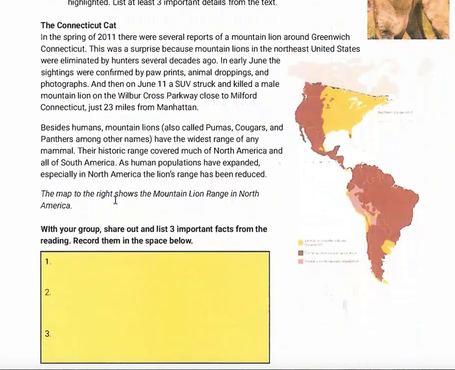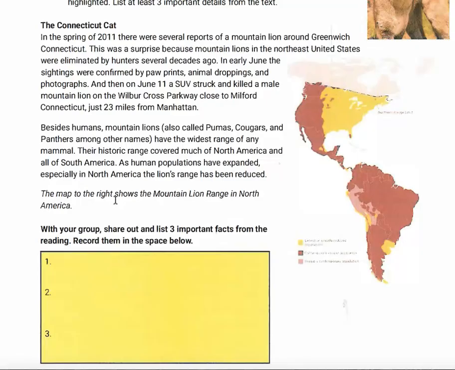The Connecticut cat. In the spring of 2011, there were several reports of a mountain lion around Greenwich, Connecticut. This was a surprise because mountain lions in the Northeast United States were eliminated by hunters several decades ago.